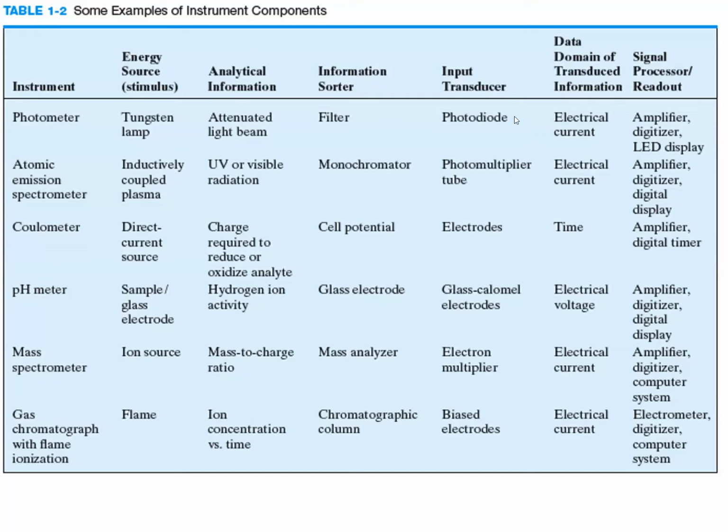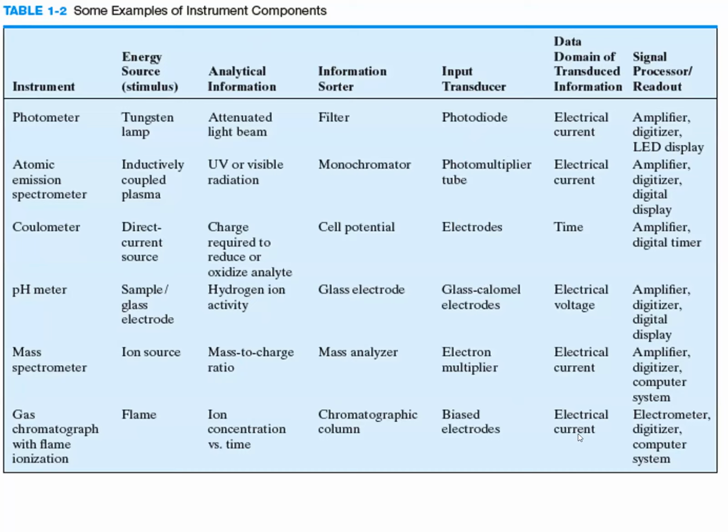And the sorter, whatever sorts all the various ions, will be the chromatographic column. The column sorts that information so that you have peaks. And you have an input transducer, which will be biased electrodes.